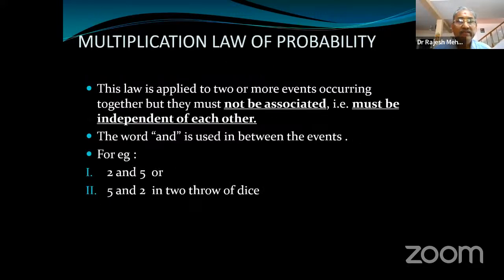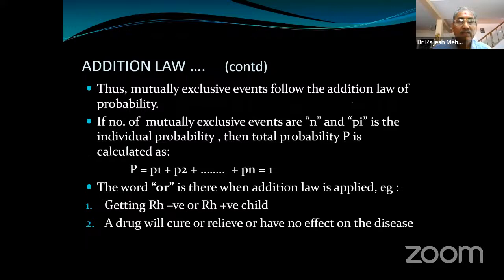And here, if we want to have an example of addition law, right? Then we can say, what is the probability, if we take four categories: died, cured, not cured, and do not know.